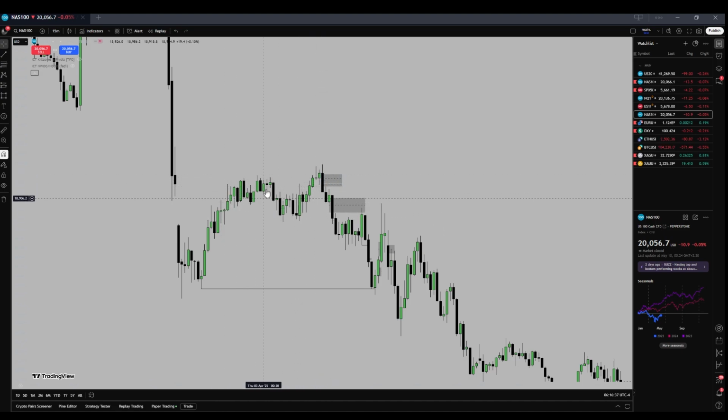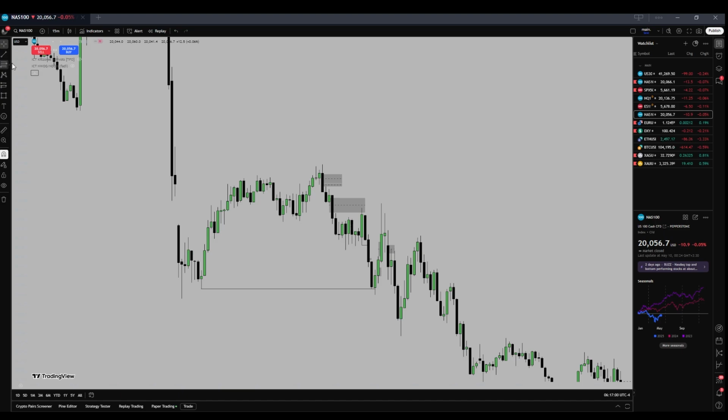Because accumulation, manipulation, distribution. This up move here swept this high, offered premium levels, manipulation done, and then displaced lower below this low. This level becomes the order block. You can also call it this level, but this is cleaner.